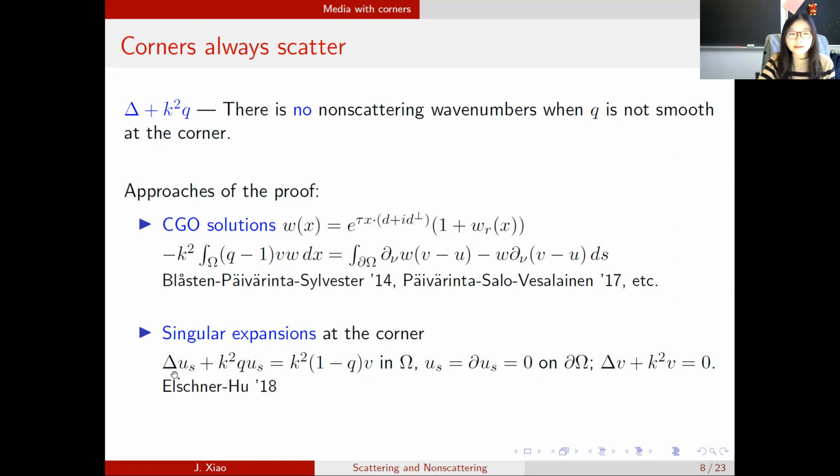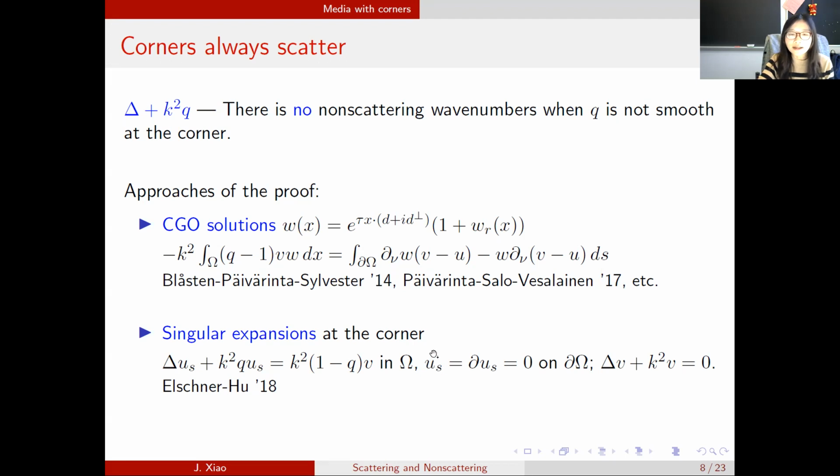So we can start with the singular expansion for this operator, for Laplace, and move this to the other side. And because of this condition, we automatically have that the scattered field will be smoother.